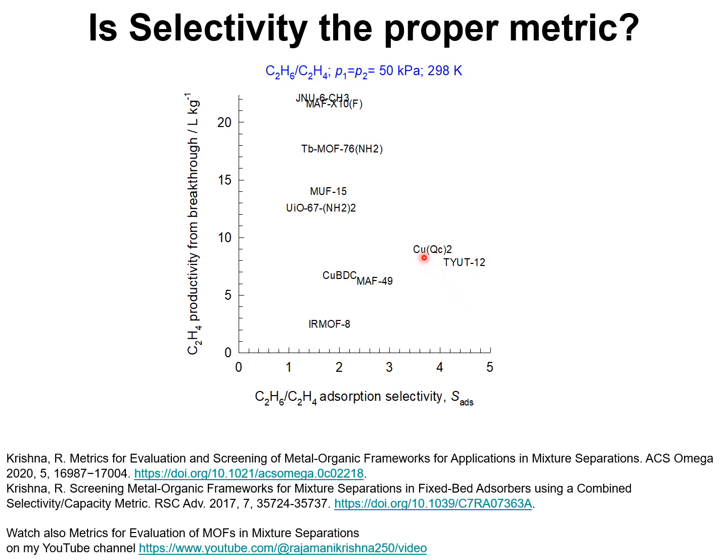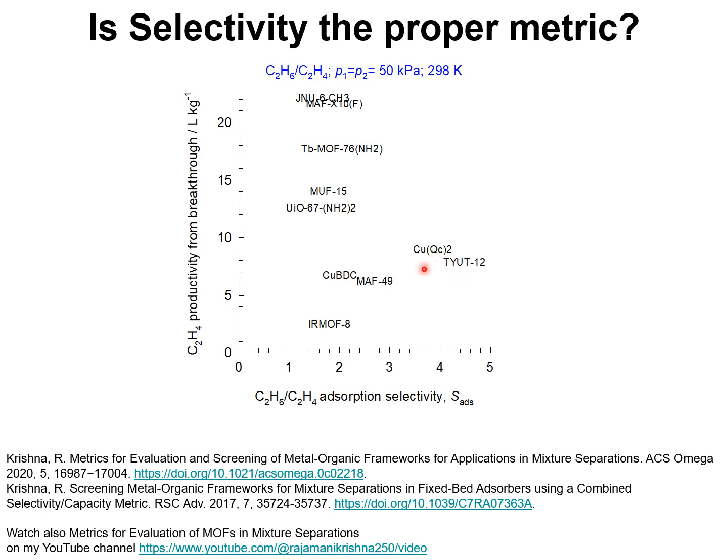JNU6CH3, we have copper QC2, we have IRMOF8, MAF49, and I plot the productivity of purified ethene as a function of the adsorption selectivity. We see here that the productivity of purified ethene does not seem to correlate with the adsorption selectivity.